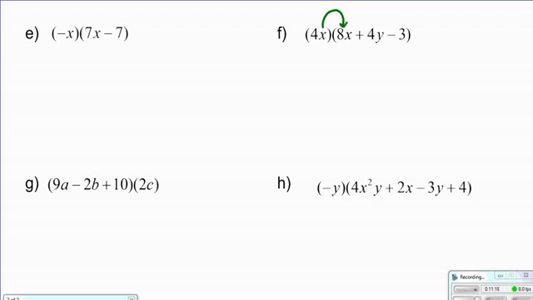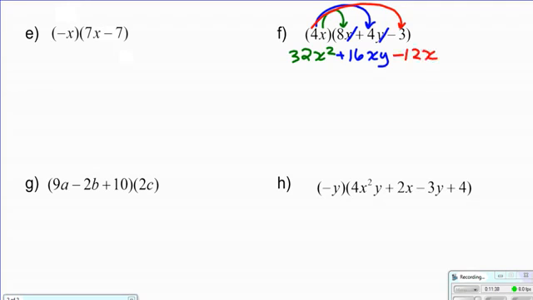So we're going to go 4x times 8x, which gives us 32x squared. And then 4x times 4y gives us 16xy. And then 4x times the third term, 4x times negative 3 is negative 12x.